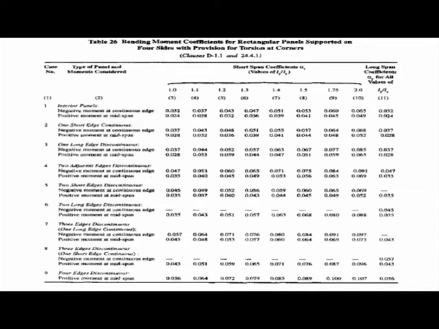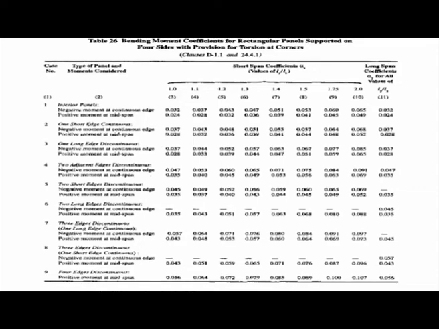Similarly, one short edge continuous, one long edge discontinuous, two adjacent edges discontinuous, two short edges discontinuous, two long edges discontinuous, three edges discontinuous, one long edge continuous, three edges discontinuous, one short edge continuous, and finally 4 edges discontinuous.